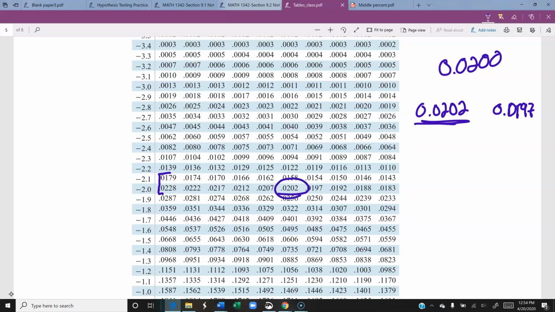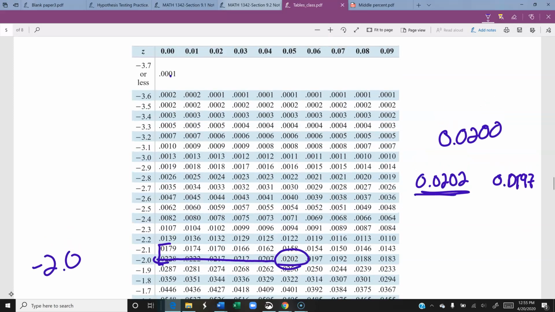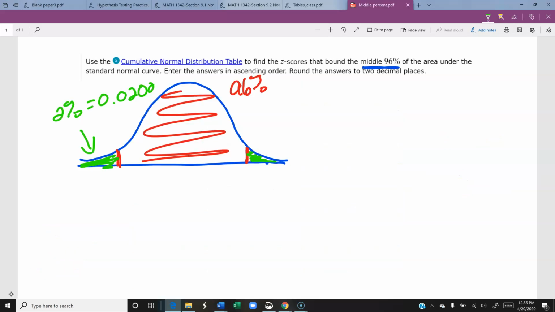and then I'm going to follow this out. So I come over here, and I have a negative 2.0, and then I'm going to follow that up and get my last decimal place. This is my z-score, a negative 2.05. So that means that this value here is a negative 2.05.